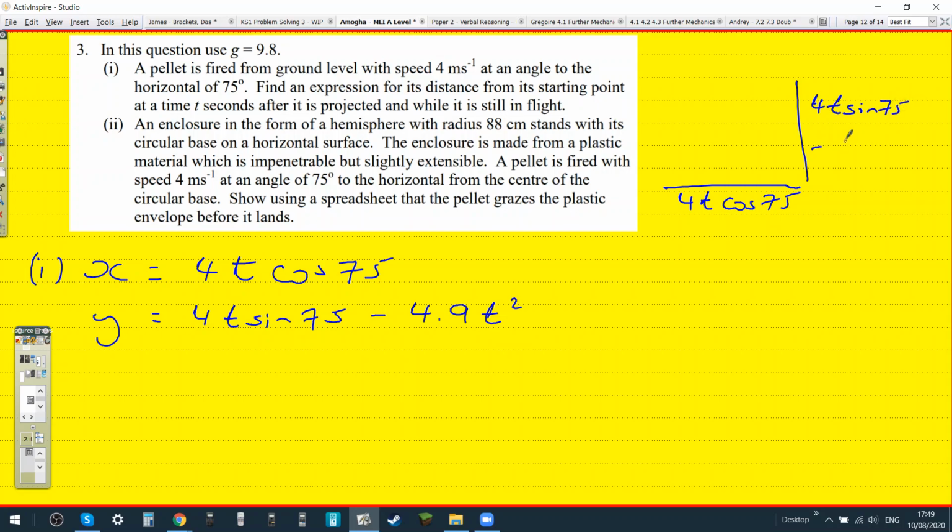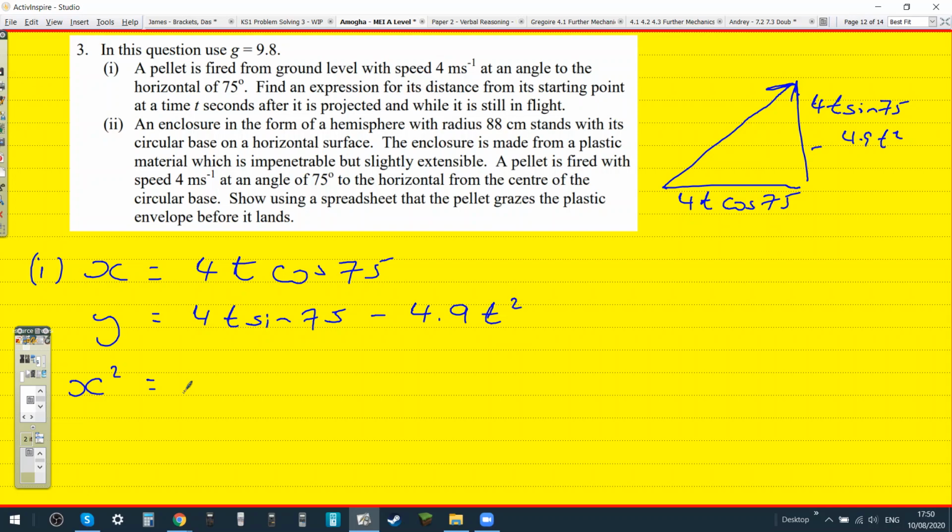So what we want is the overall distance. Yeah, so square both, then square root of both of them squared. Pythagoras, basically. One at a time.